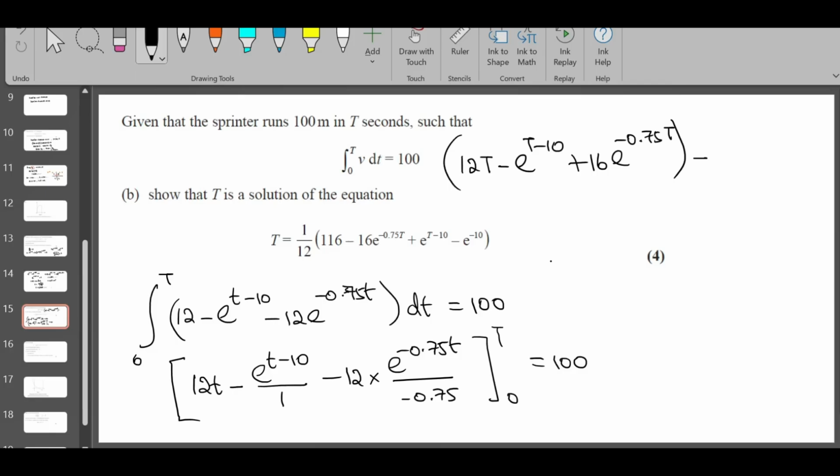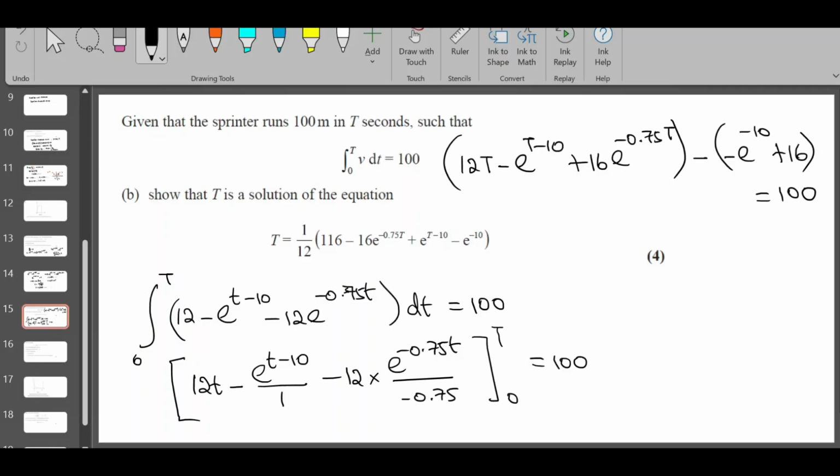When you sub in lower limit, don't just blindly put 0, it's not 0. This becomes 0, here this becomes 0, so you will have minus e power minus 10, here this becomes 0, so e power 0 is 1, you will get plus 16, 12 over 0.75 is plus 16, is equal to 100.